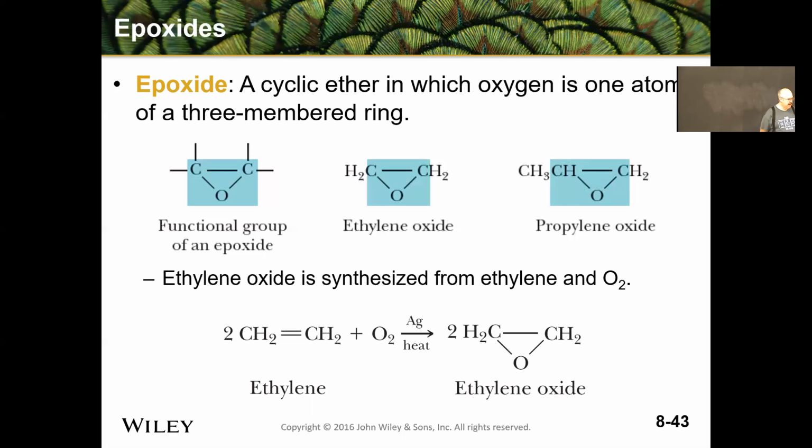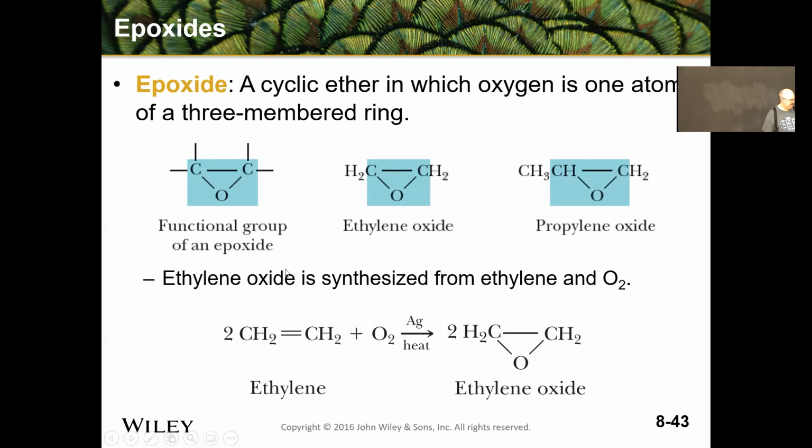Okay, a three-membered ring that contains the ether group, the cyclic ether, is called an epoxide. And commonly, this one is ethylene oxide, this is propylene oxide.